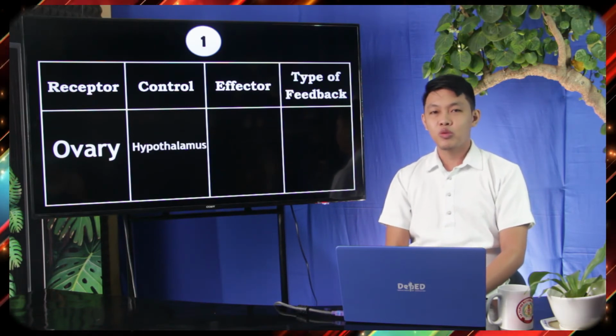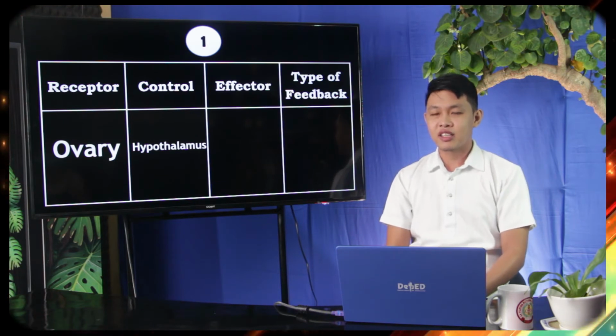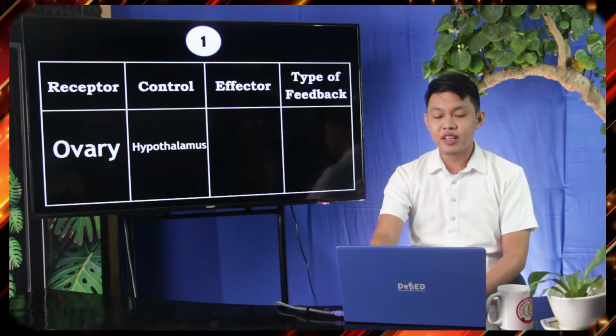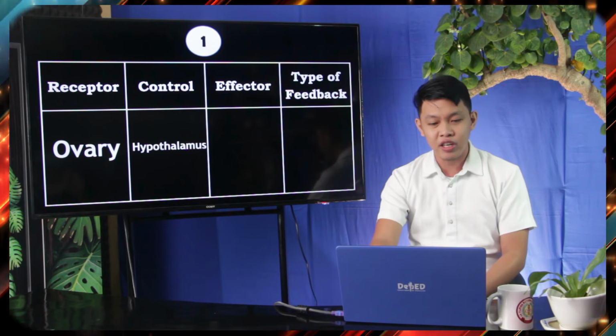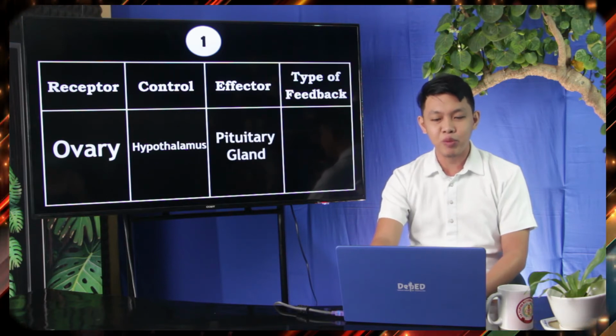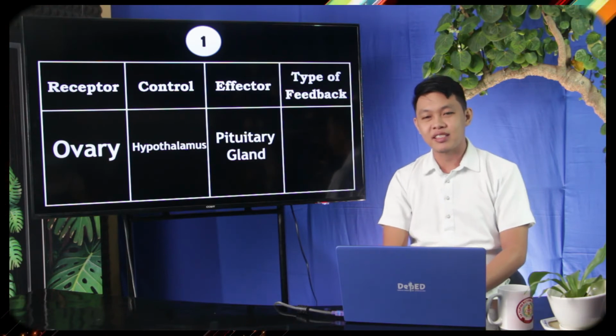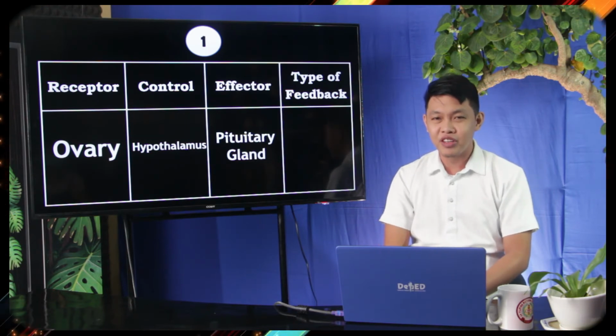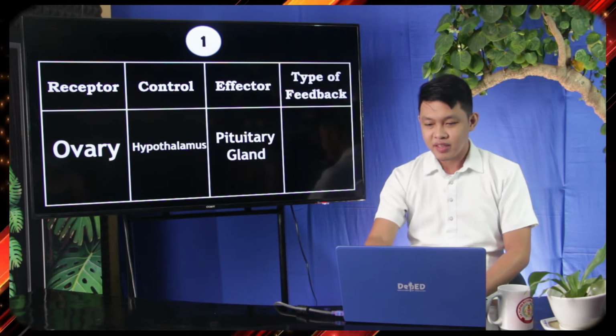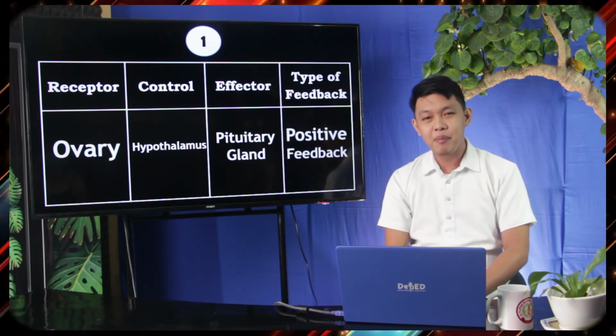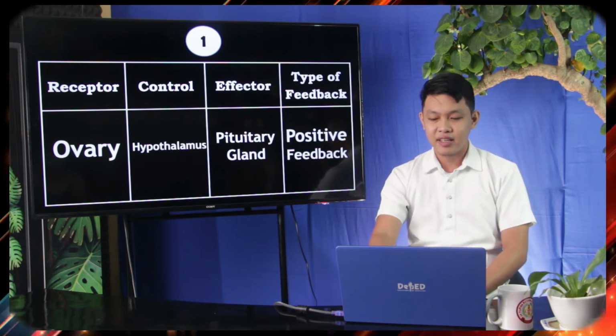The hypothalamus will analyze the stimuli and give the instruction to our effector, the pituitary gland. So what type of reaction is this? Is it a positive feedback or a negative feedback? It is a positive feedback.